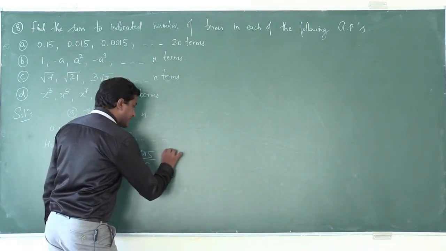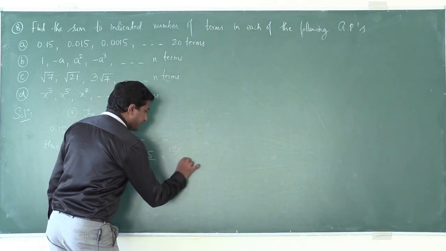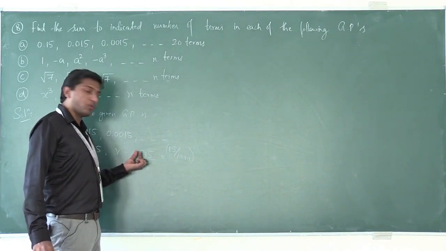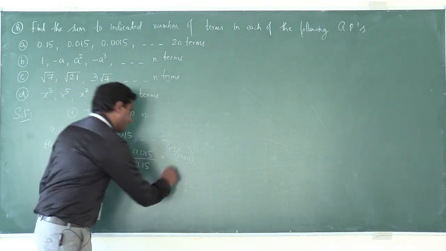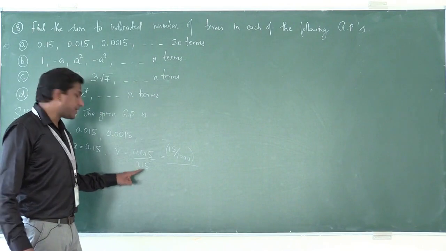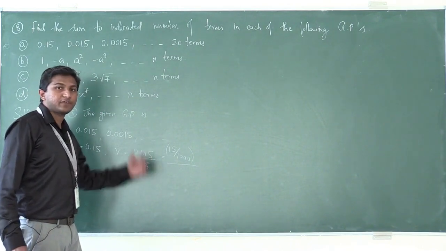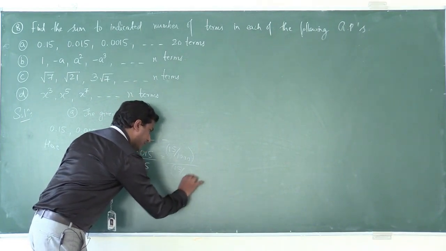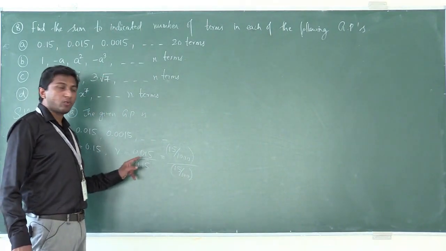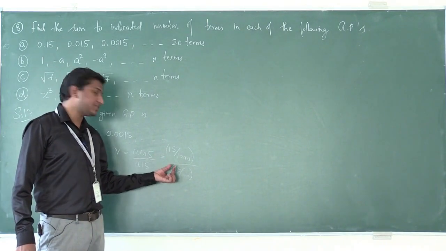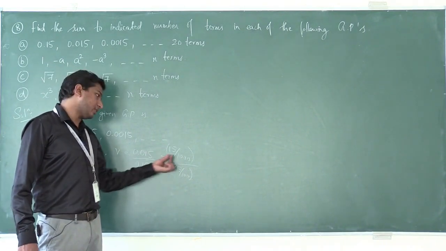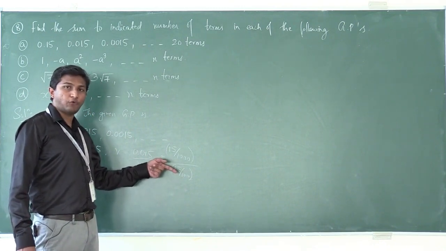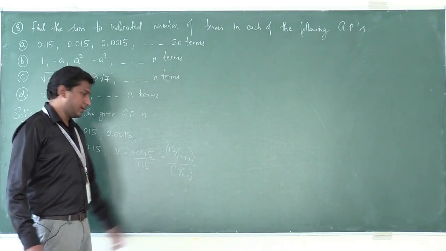I can write 0.015 as 15 by 1000, divided by 0.15, which I can write as 15 by 100.